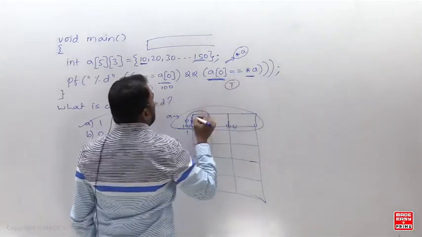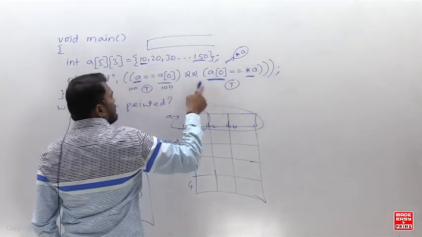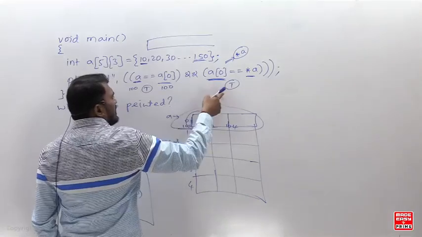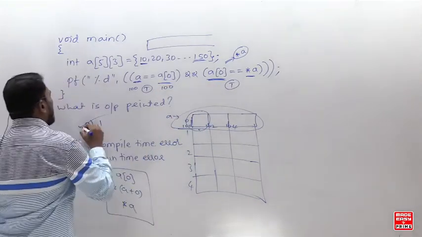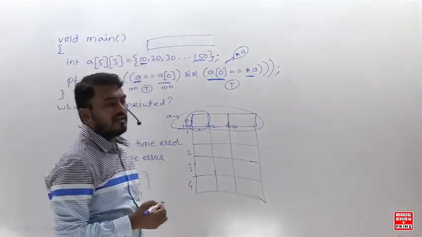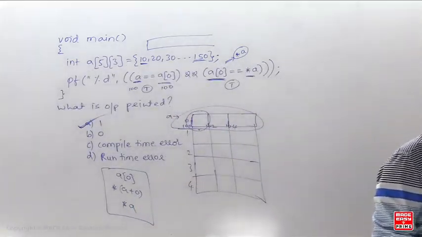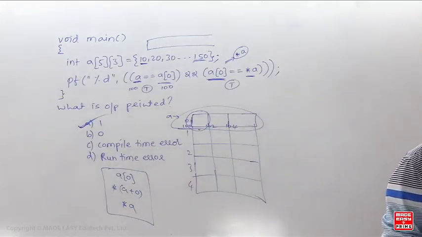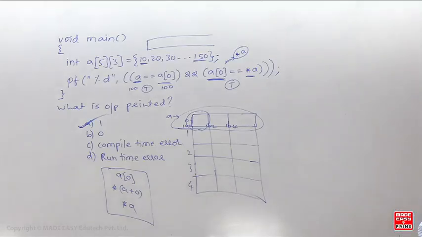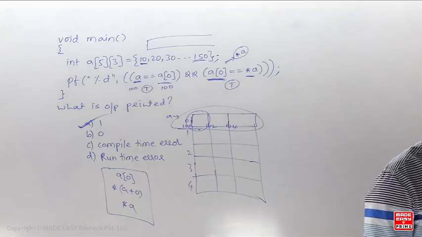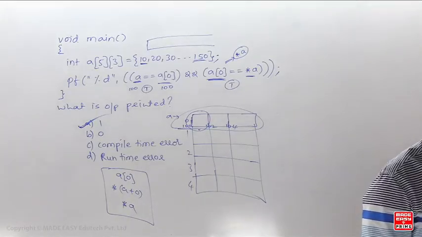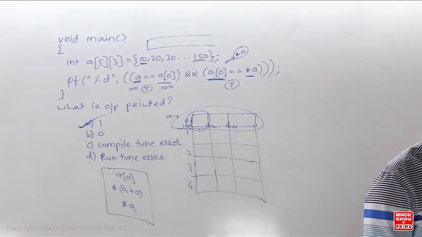This is also true. The entire expression is true. If the entire expression is true, it will return 1. The right answer is A. Most of you gave the right answer. That is excellent.